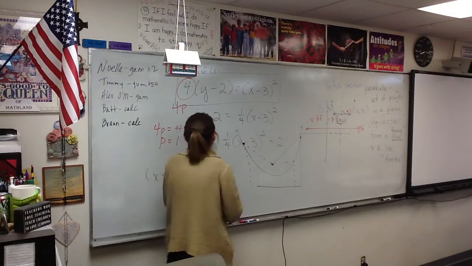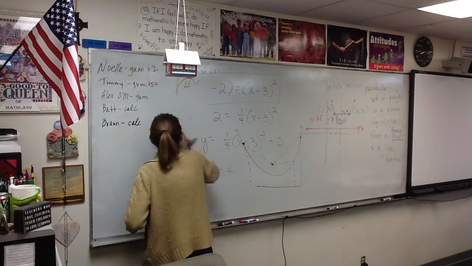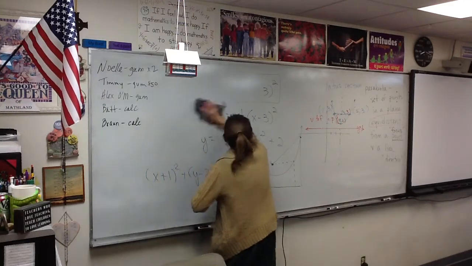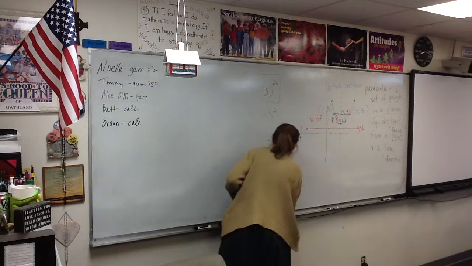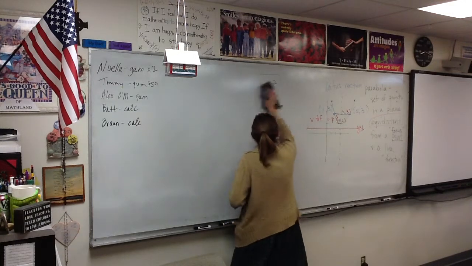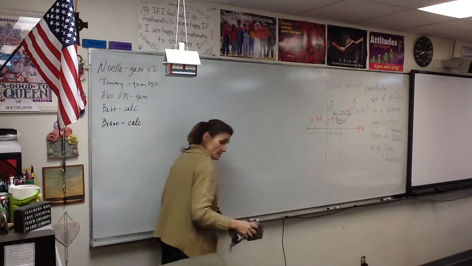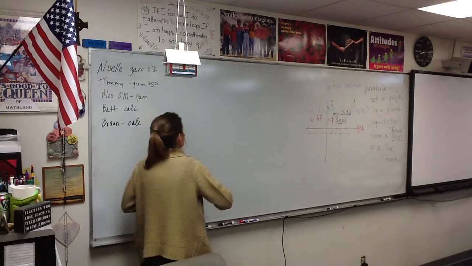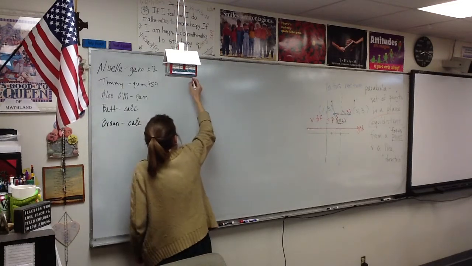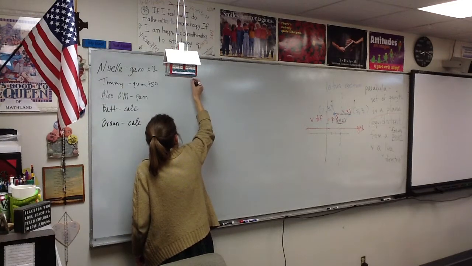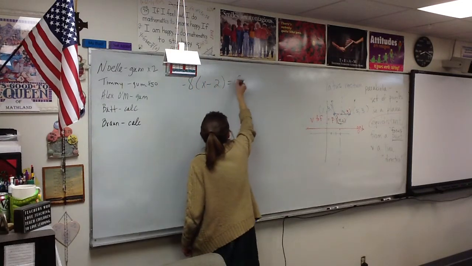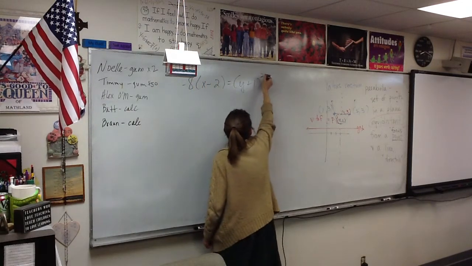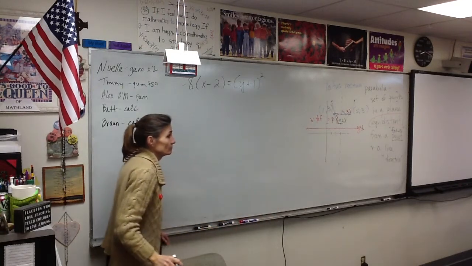Let's try another one. Definition of a parabola: a set of points in a plane equidistant from a given point and a given line. Okay, so here's another one. All right, here we go.